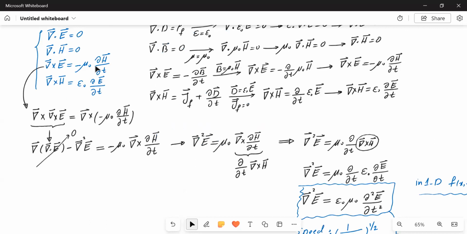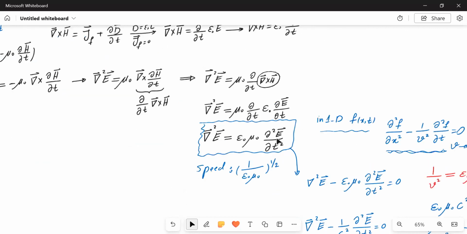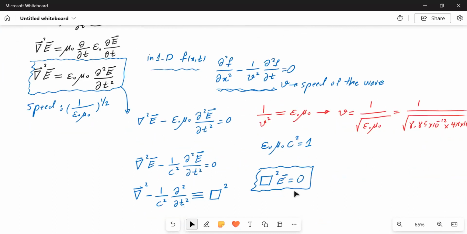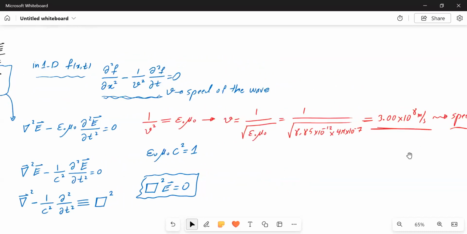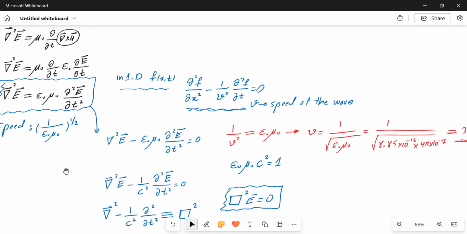Now, with the aid of Maxwell, we can find that the electric field satisfies this equation. So with this simple derivation, I showed you that electric fields propagate in vacuum with a tremendous speed, the speed of light, 3 × 10⁸ meters per second.